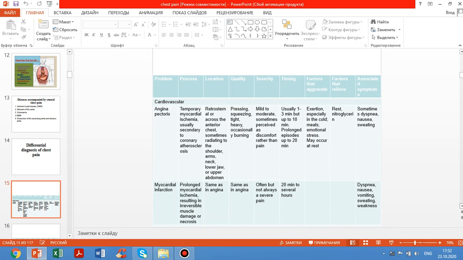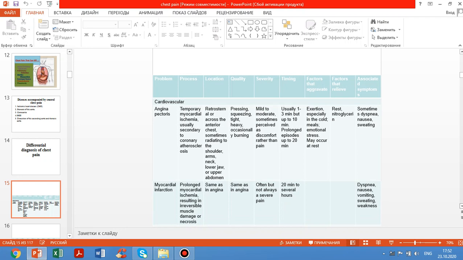Quality is pressing, squeezing, tight, heavy, occasionally burning. Severity is mild to moderate, sometimes perceived as discomfort rather than pain. Timing is usually 1 to 3 minutes, but up to 10 minutes.